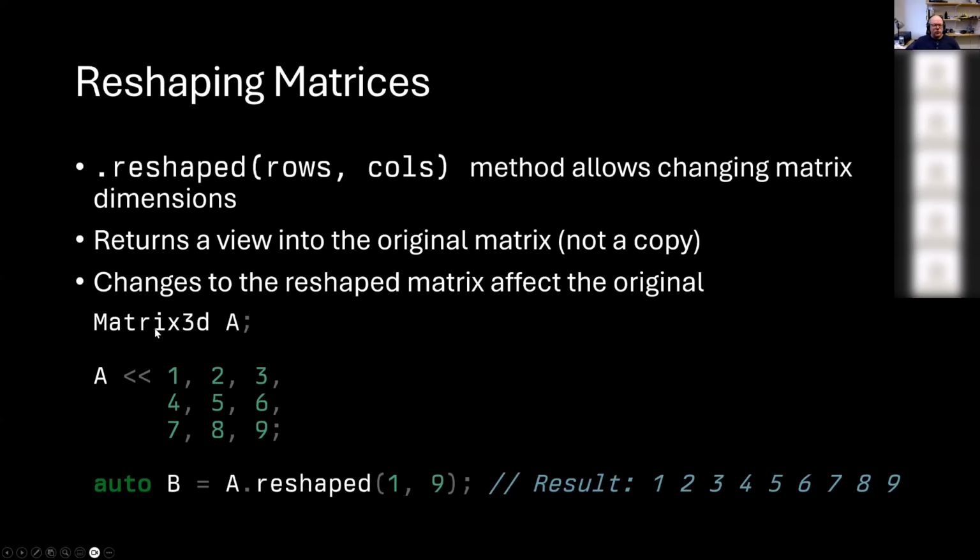So for example, here we have matrix A, a 3 by 3. I can assign B here to be a reshaped version of A. That is a row vector in that case, so it will be a 1 by 9 matrix instead.